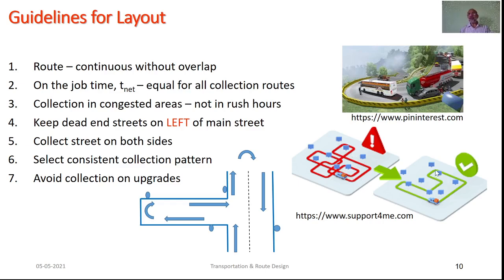We wish to have the collection route as continuous without overlap. There would be number of such locations which needs individual trips in order to serve that particular area. Hence, on the job time for all such routes should be more or less equal.